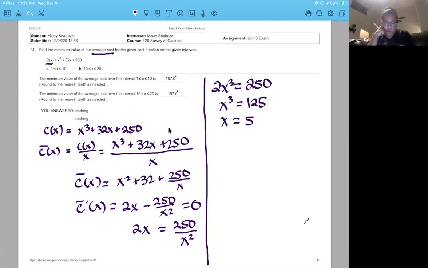So now what I'm going to do is check the endpoints and check that critical point. So C of 1, C of 5, and C of 10.